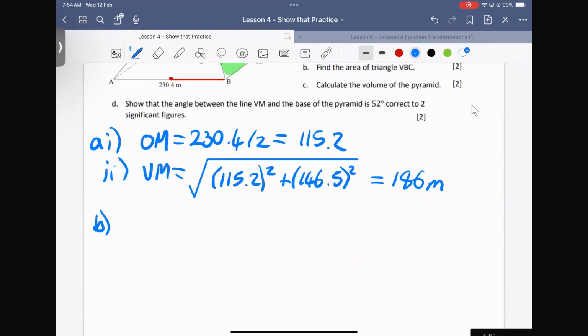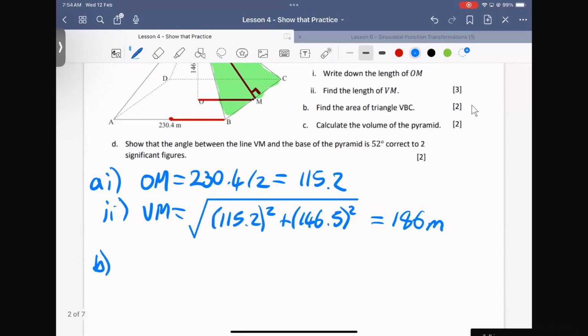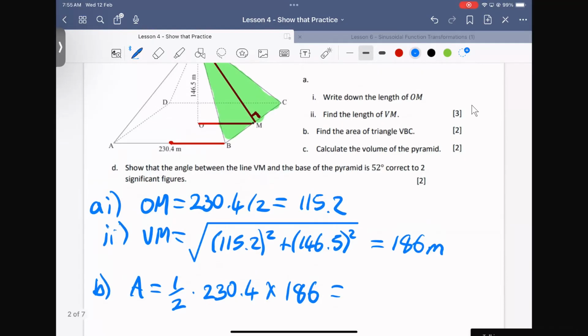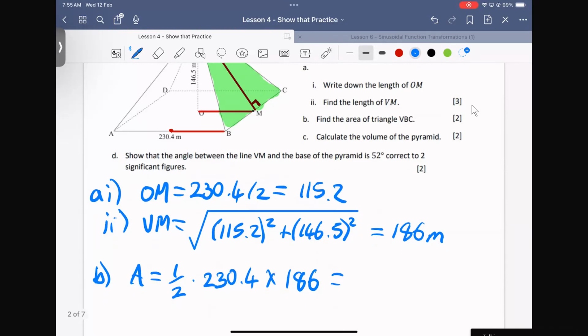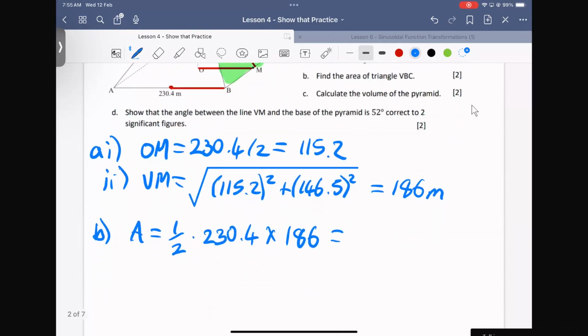So if we wish to find the area, that is going to be a half times the base, which is 230.4, times the value we just got. Now I'm going to write 186, but I've just calculated on my calculator, I'm going to use the exact value. Also, previously I calculated what half of the base was when I found OM in the first question, so just to save me some typing, I'm just going to press times 115.2.